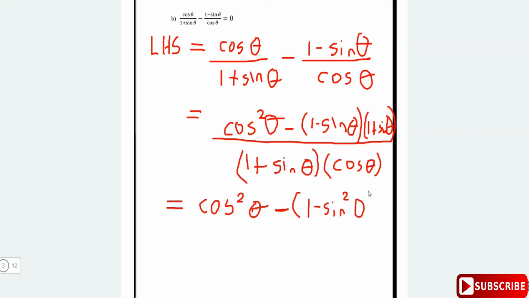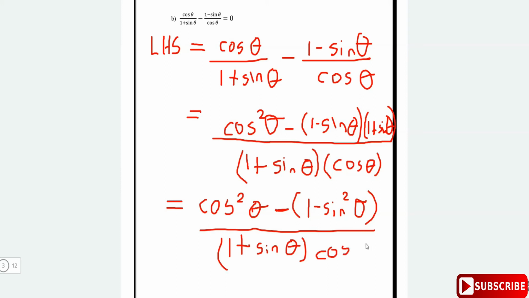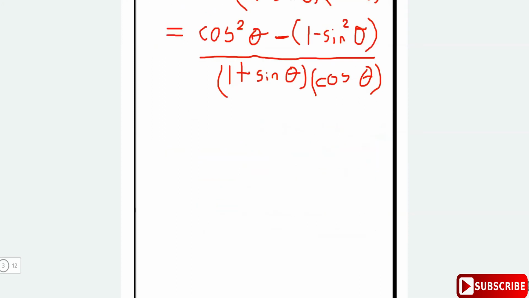Now look at this. Just write back your denominator for now. Don't stress about the denominator. So we have our 1 plus sine theta being multiplied by our cosine theta. Good so far. Now, 1 minus sine square is cos square, so we can rewrite 1 minus sine square as cos square.